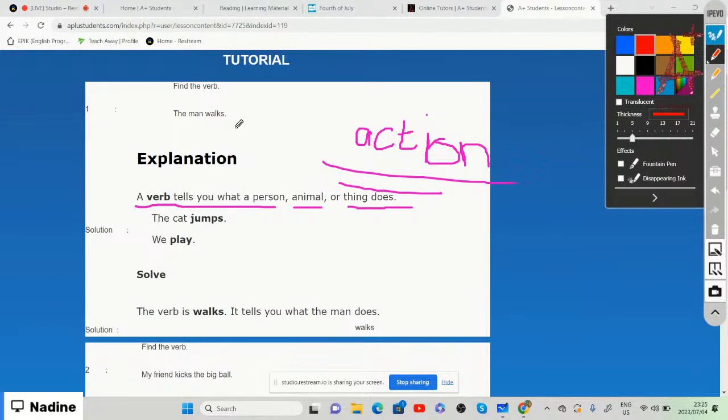And remember, we said a verb tells you what a person, animal, or thing does, which means, what is the man doing? He walks. So that is the verb. Because now it says that we need to identify the verb, and here it says that the man walks, which means that walks shows what the man is doing.